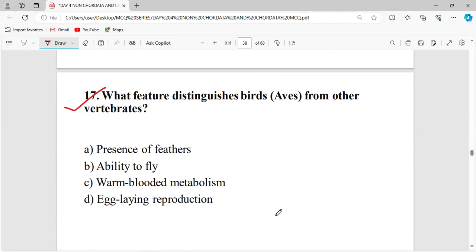Based on that, you can easily give the answer. To fly, which particular structure is helpful for birds? Yes, feathers. If feathers were present in other organisms, they could also fly. So that is the important structure possessed by birds, not by the other vertebrates.